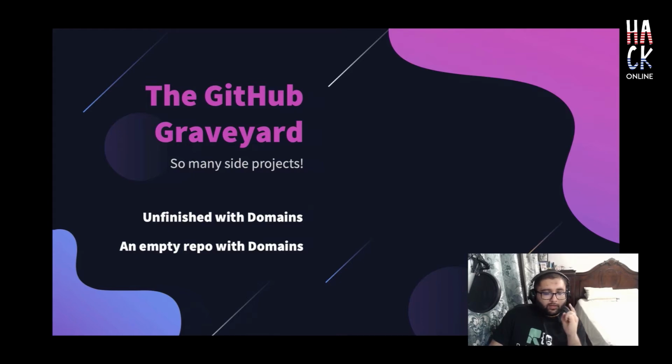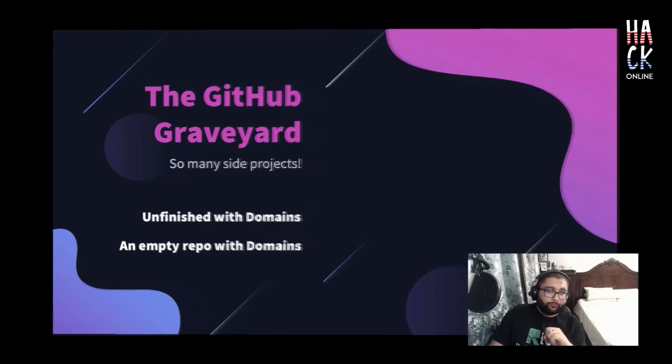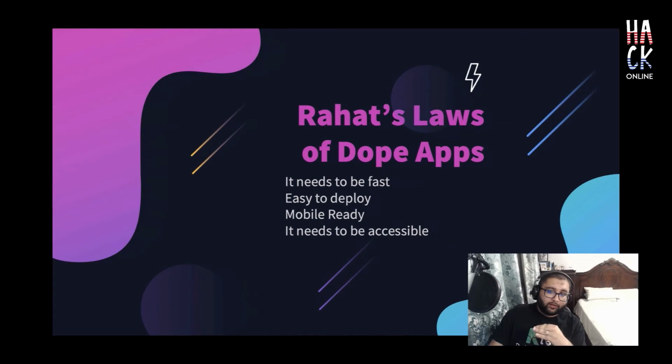You've got to make sure that it's a dope app when you do that. So to help you out, I've got this list called Rahat's Laws of Dope Apps. So what do these need to do? Dope apps need to be fast. The thing is, your users probably don't have a lot of patience. Next, it's got to be easy to deploy because I don't have a lot of patience either.